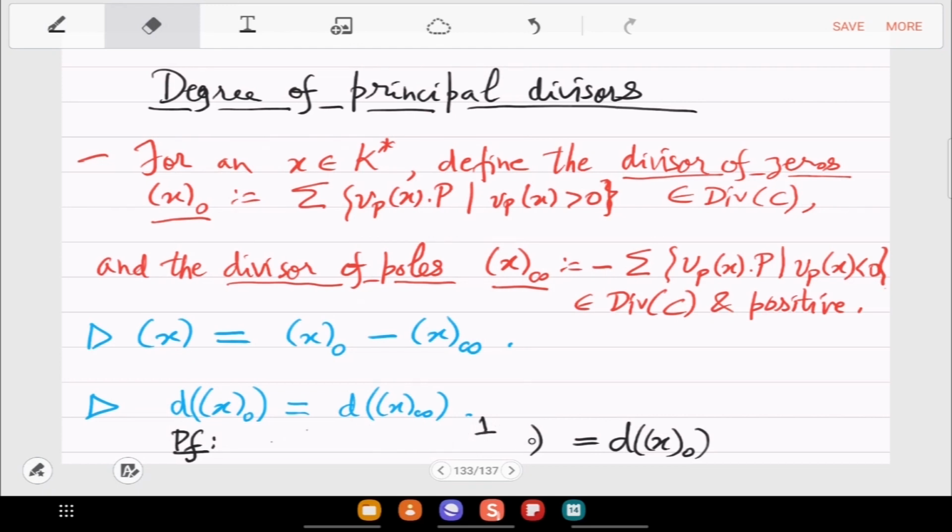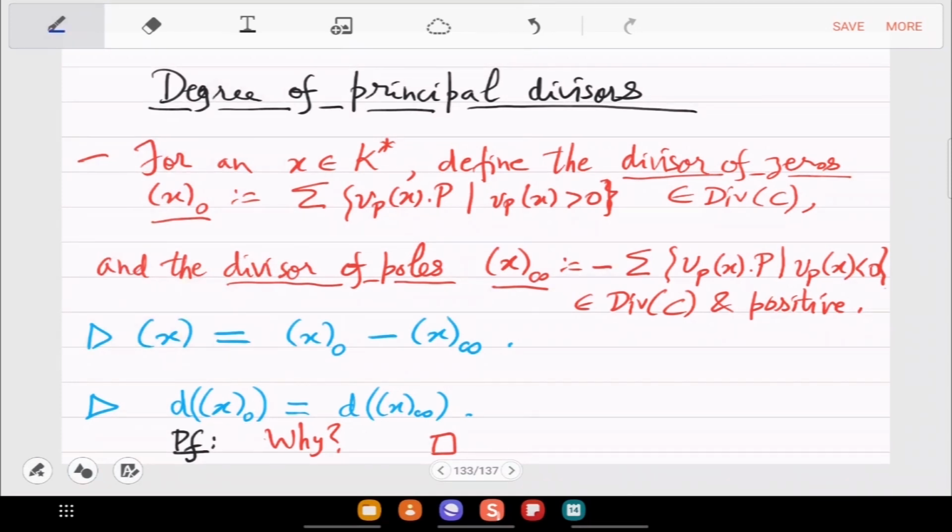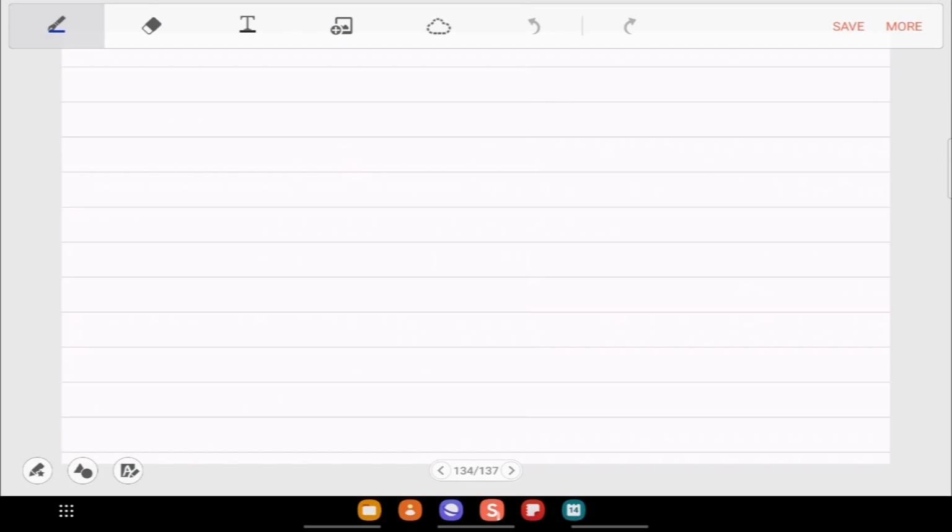Yeah, I don't know how to prove it right now. Let's just continue with a bigger theorem. This will follow. Yeah, for now it's just a curiosity. Let's leave it at this. We'll actually prove something much stronger about the magnitude of degree of x 0 and degree of x infinity in the next theorem. Let's do that first.